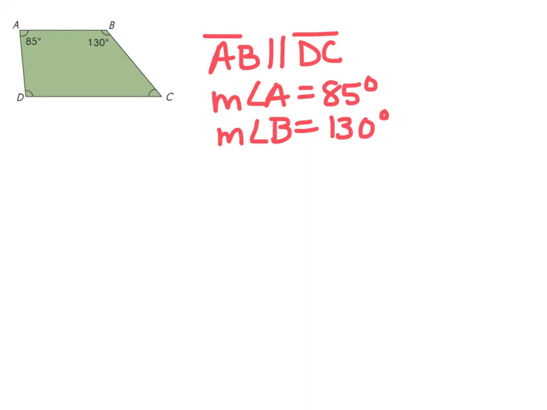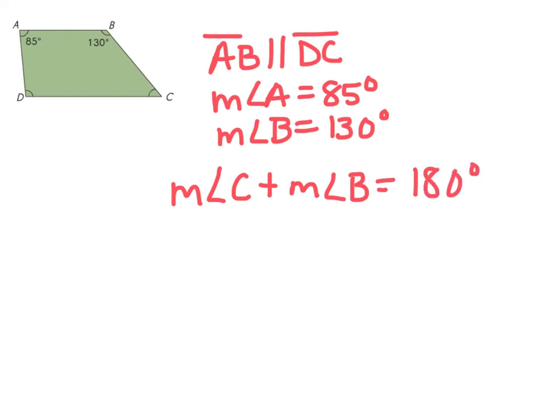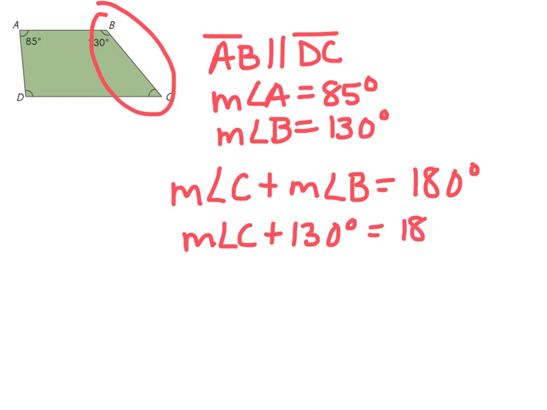The measure of angle C plus the measure of angle B will equal 180 degrees, okay? Because they're the 2 angles between the parallel sides. We can solve by plugging in what we know. And then solve for the measure of angle C, which will be 50 degrees.